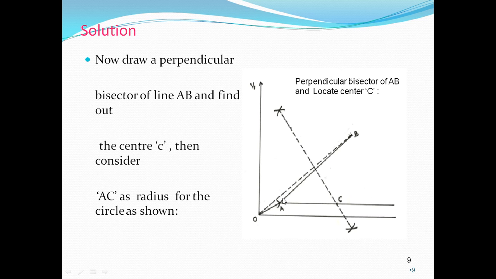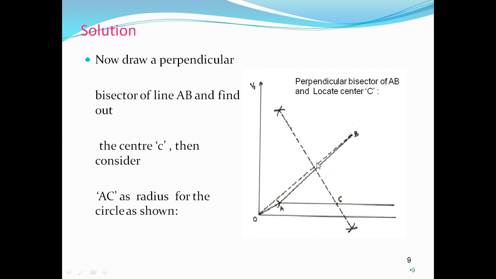So C is on the perpendicular bisector. See here. So first we have to bisect the line AB. How will we bisect the line? Take a compass and radius equal to more than half of AB and A as a center, draw an arc here and again draw another arc at the bottom with the same radius, B as center. Then join these 2 points.